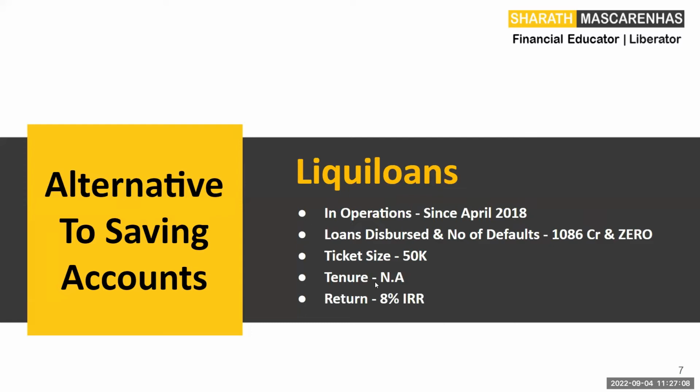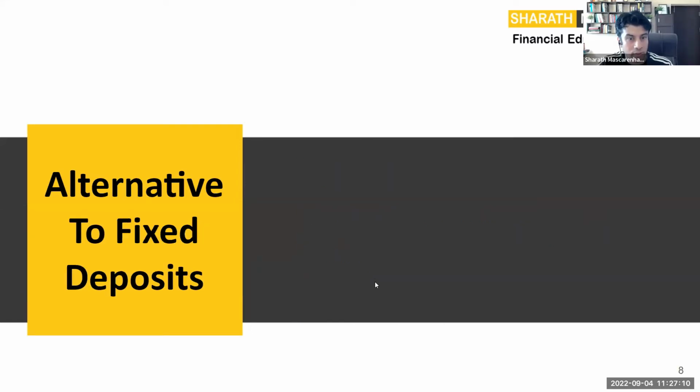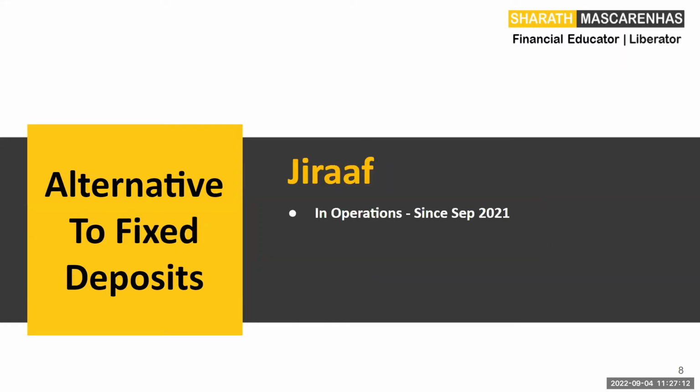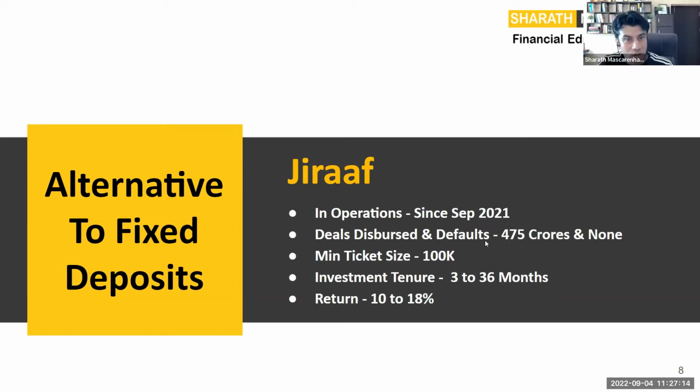Right? Next, we have Giraffe, where as you can see, they have already disbursed 475 crores of money. And up till now, there have been no defaults or no delays. Right? We don't know whether there will be delays or defaults. We don't know that just as yet. There is a risk angle to it. But at this point in time, since 2021, with that kind of money being disbursed, there have been no delays whatsoever.